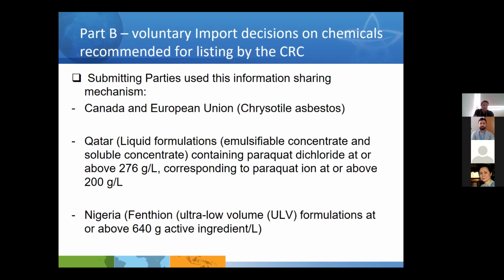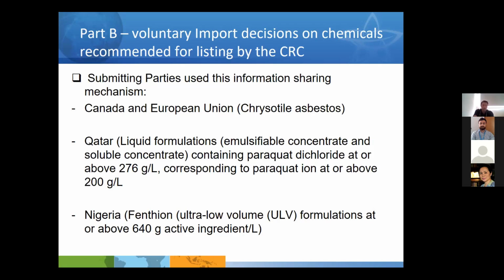And so far, only 5 countries have used this chance and this voluntary mechanism, which is mirroring the obligatory mechanism that we have under Article 10, where countries shall submit import decisions for the Annex 3 listed chemicals on one hand, and then the exporting party should comply with these import decisions from the importing country side.